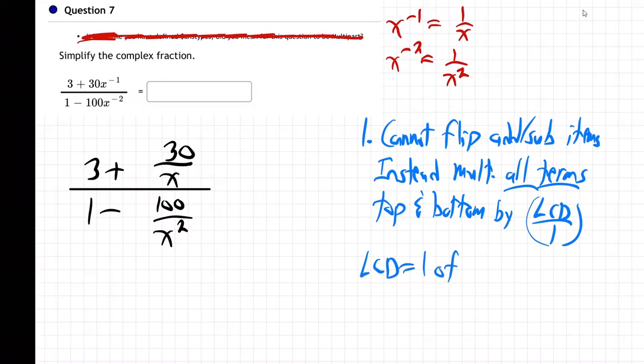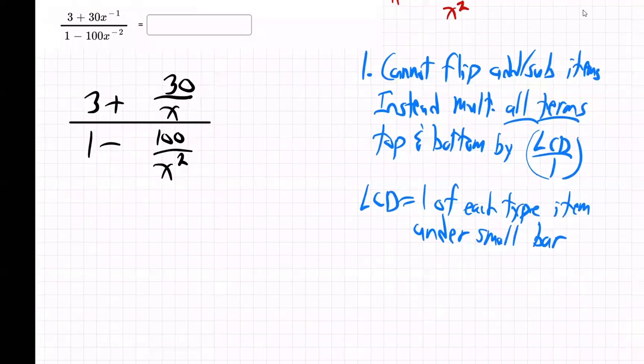It's 1 of each type of item under a small bar. And for repeated items, well, let's just say same items.